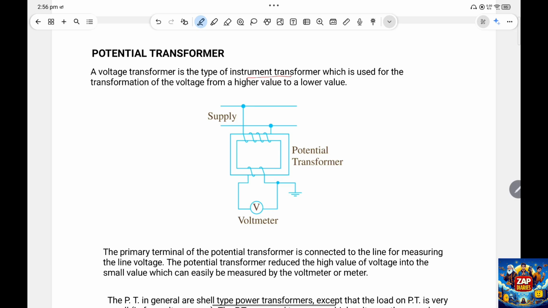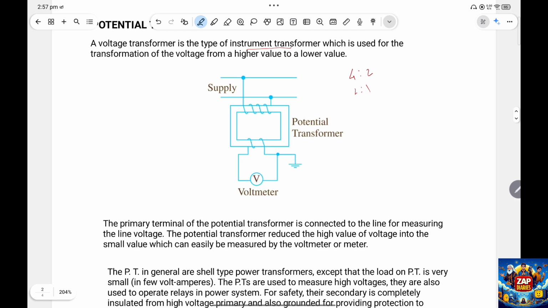So in the secondary we'll have fewer windings. Here we have one, two, three, four windings, and in the secondary we have two windings. So it will basically step down from 4 is to 2, or say a 2 is to 1 ratio.